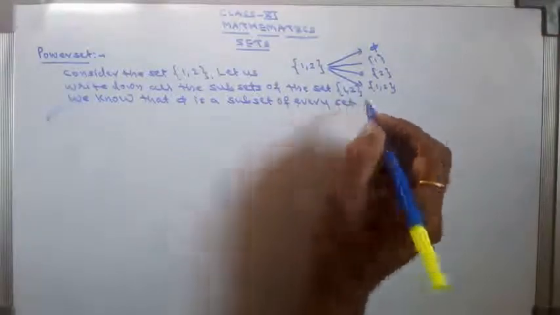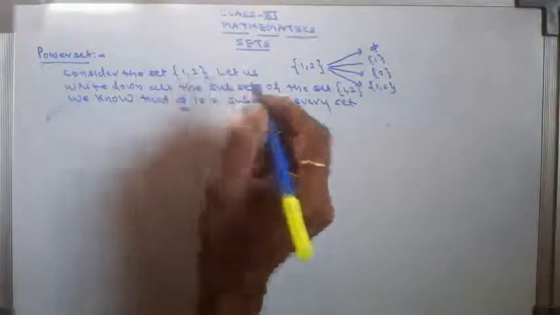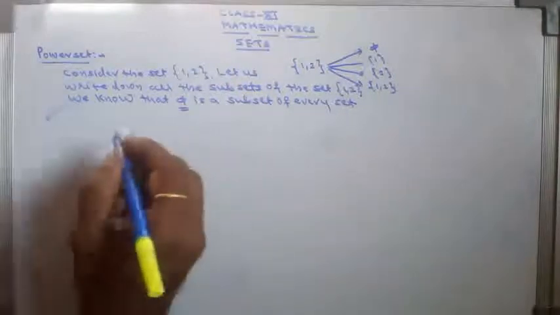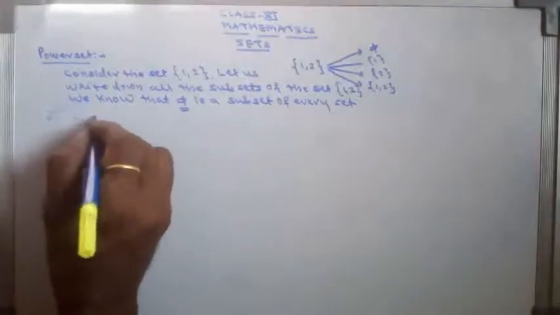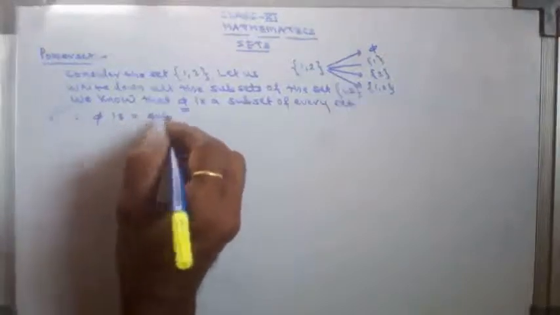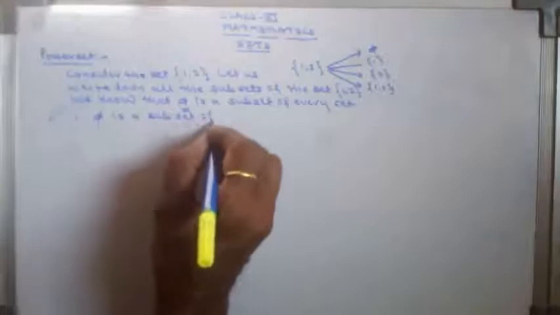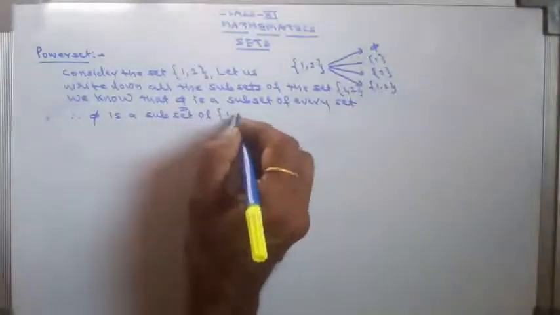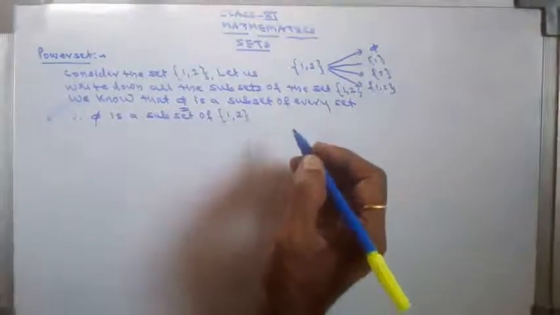हर एक सेट का ∅ सबसेट होता है, तो {1, 2} का भी सबसेट होगा. So ∅ is a subset of this set {1, 2} containing two elements 1, 2.